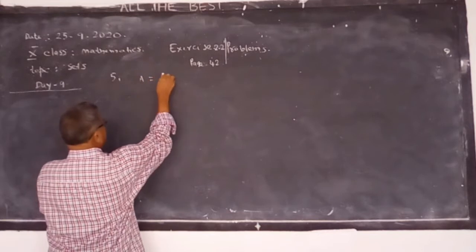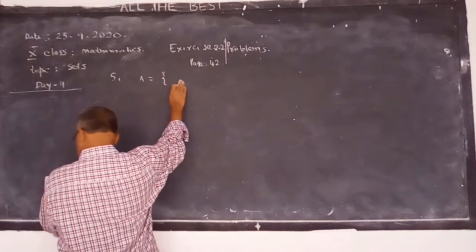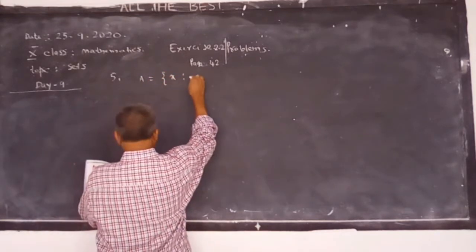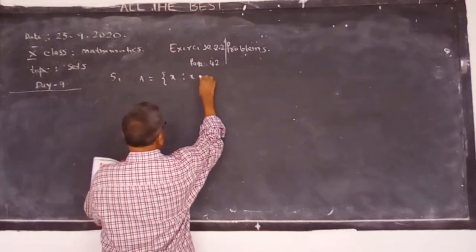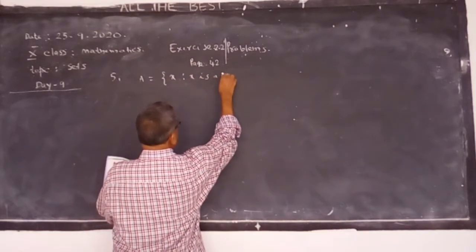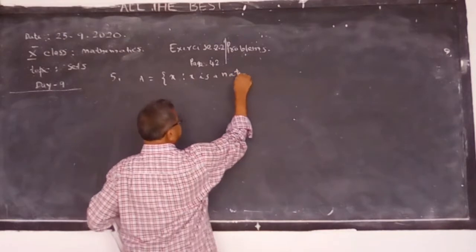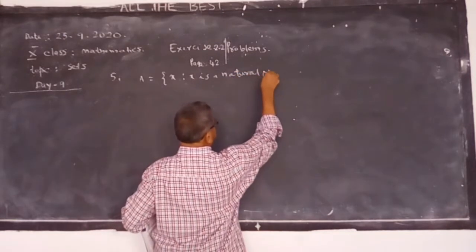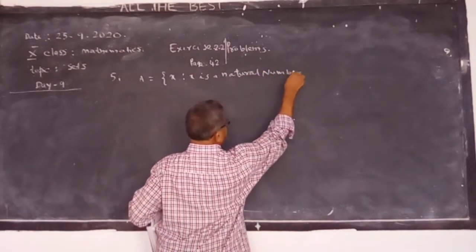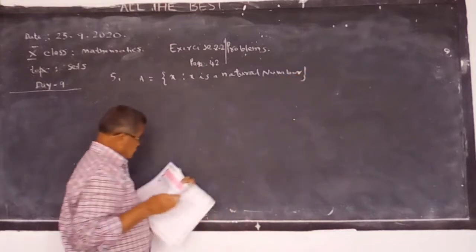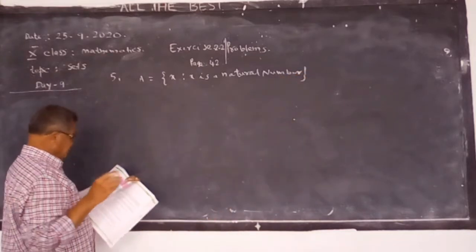Five. Set A is given as: X is such that X is a natural number. No condition is given, no end.